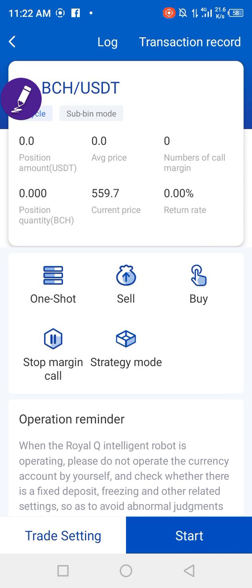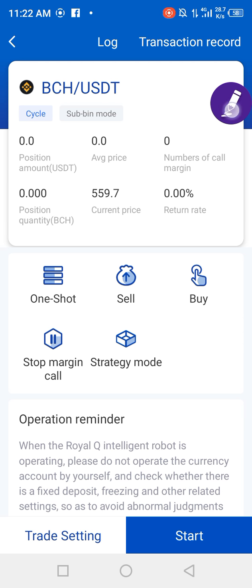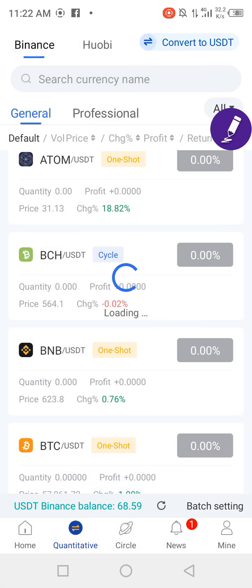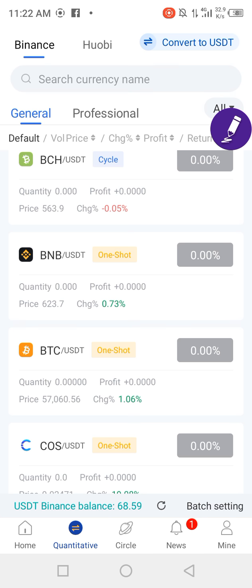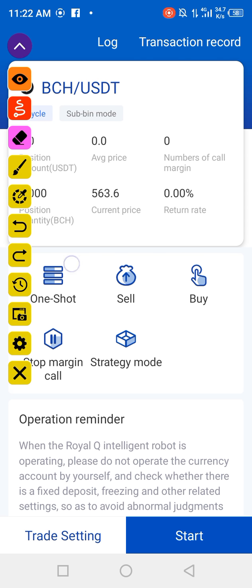Save will bring you to this page where you will now determine whether to leave this coin on one shot, or you can leave it in circle. Okay.